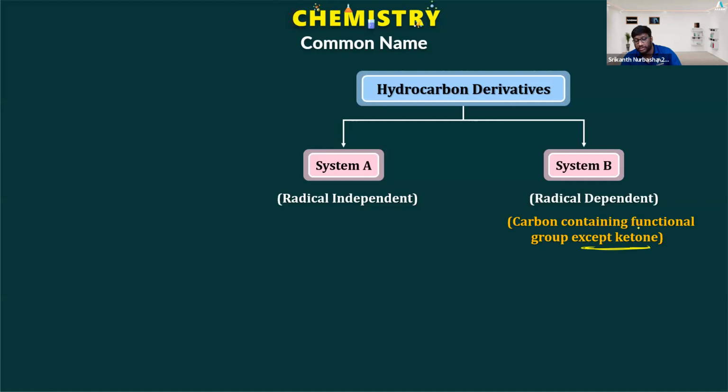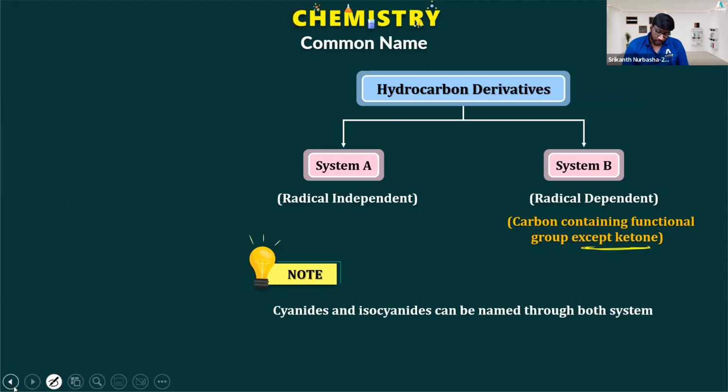All carbon containing functional groups except ketone are going to be radical dependent and belong to system B. Generally, they will be in system A except ketone. Ketone will be radical dependent even though it contains carbon in the functional group. Cyanates and isocyanates can be named through both systems, not an issue with the cyanates and isocyanates.